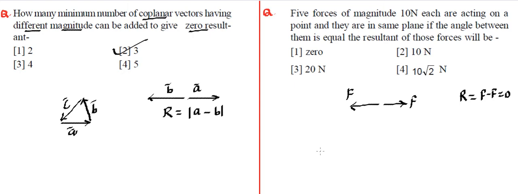Now if we take three vectors and arrange them like this with equal magnitude, this is F, this is F and this is F. Now if this angle is one third of the total 360, it's going to be 120, this is also 120, this is also 120. That means they are making equal angles with each other. So this sum is also going to be 0.